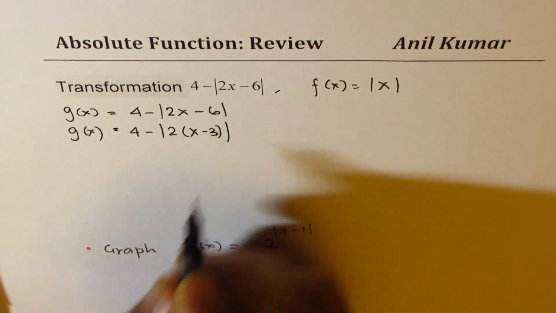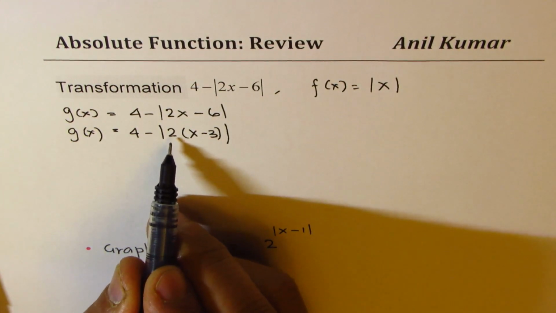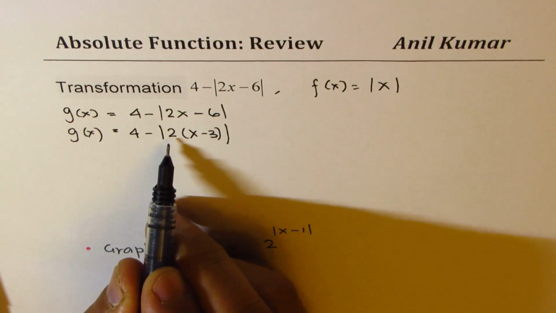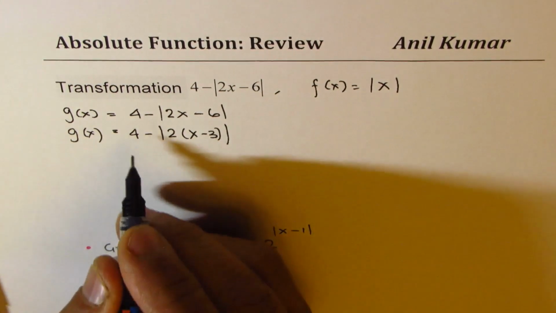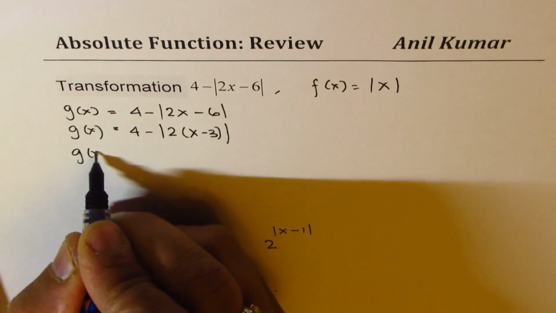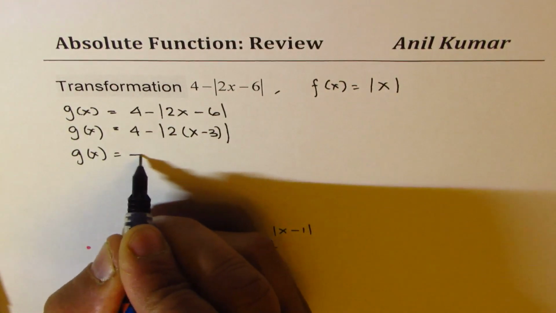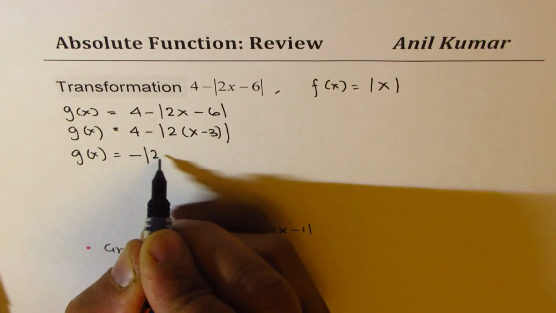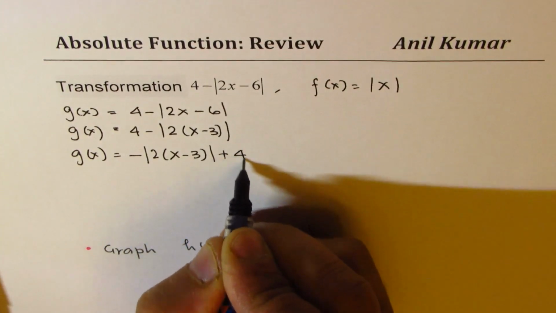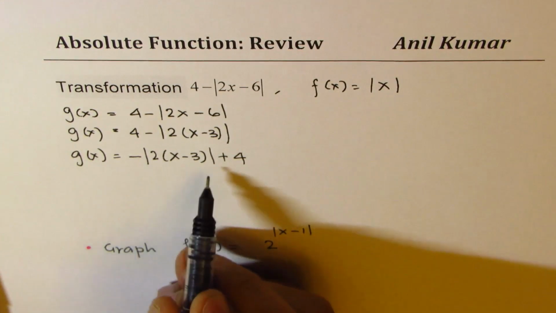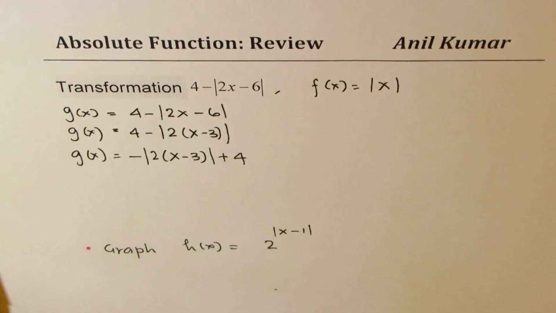It is extremely important so that you understand that the horizontal compression is by a factor of half and the translation is 3 units to the right. Perfect. It's even better to write this equation as minus the absolute value of 2 times x minus 3, plus 4, since that is the way we normally see transformed equations. You get an idea, right?